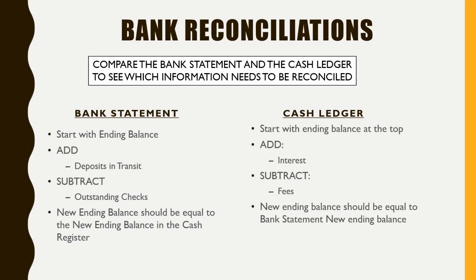So the bank doesn't know that you wrote all these checks out, or that you deposited all these monies. Okay? So that's what you have to consider when we're doing a bank reconciliation: we're trying to make our bank statement and our cash ledger communicate with each other, so then you know at the end of the day how much cash you actually have in your bank account. Okay?